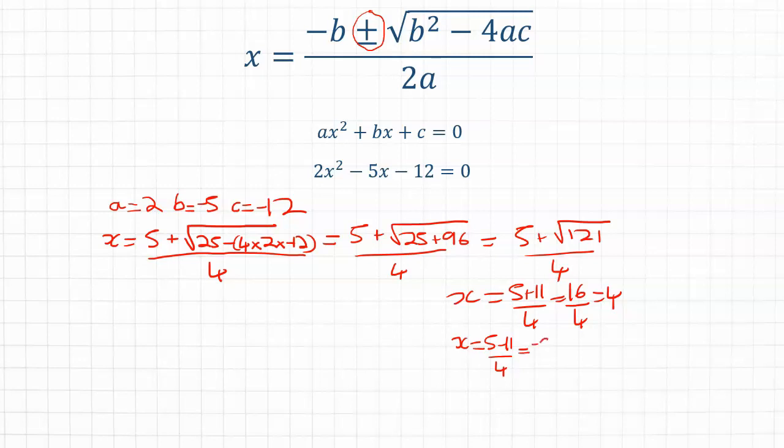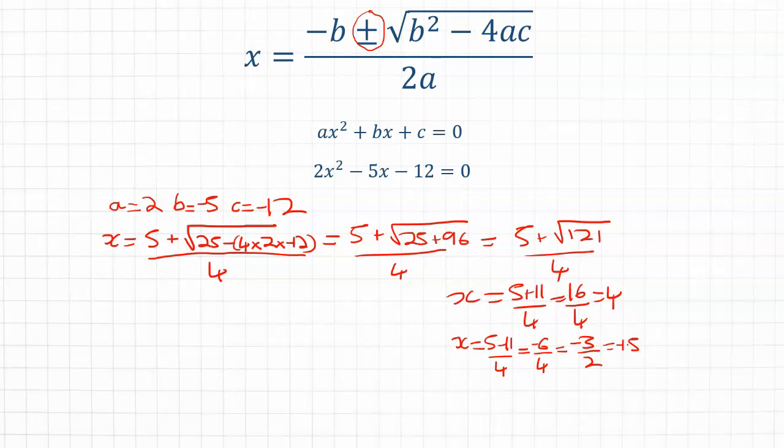Now 5 minus 11 is minus 6, so we have minus 6 over 4, which, dividing both the top and bottom by 2, is the same as minus 3 over 2, which is minus 1.5. So, as we found previously with factorization, the solutions are 4 and minus 1.5.